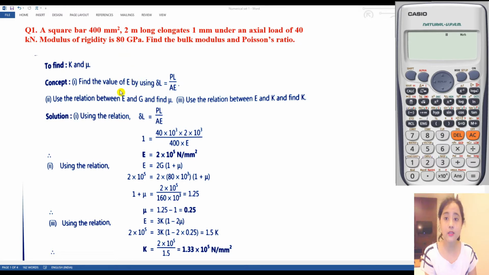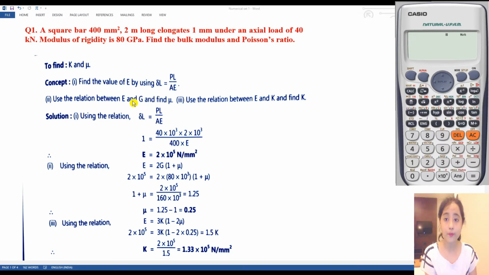Otherwise, in this question, the value of E is found by using the relation elongation del L is equal to PL by AE. We have found E by using the relationship del L equals PL by AE.